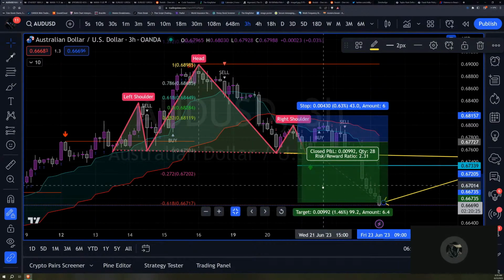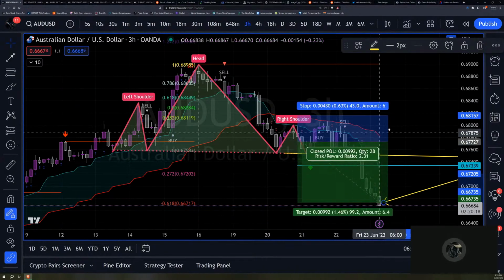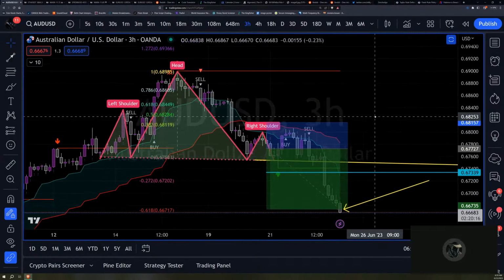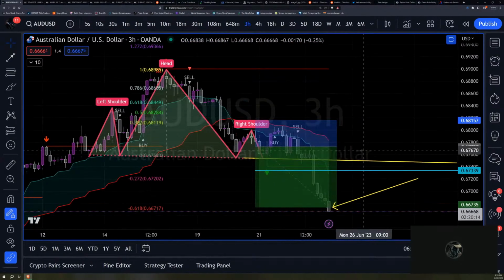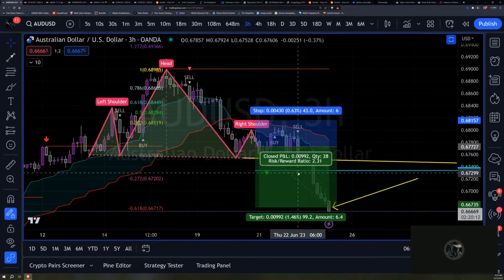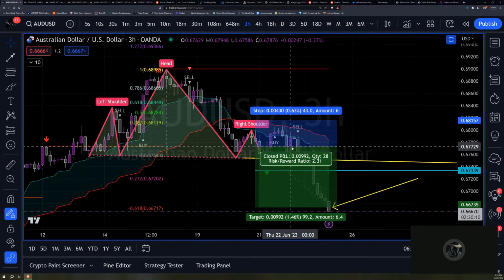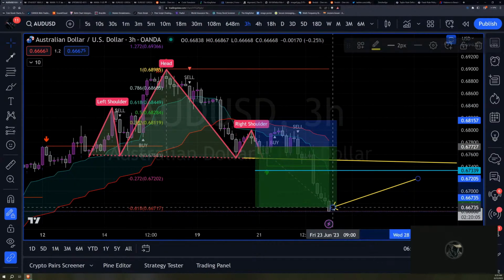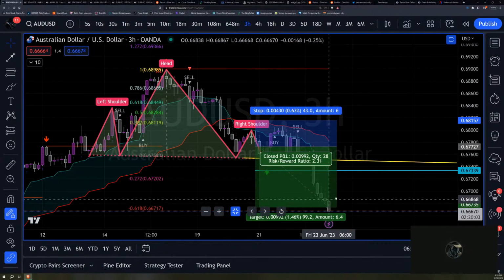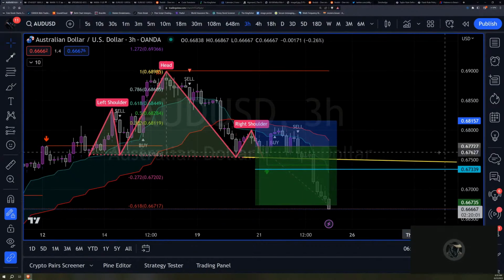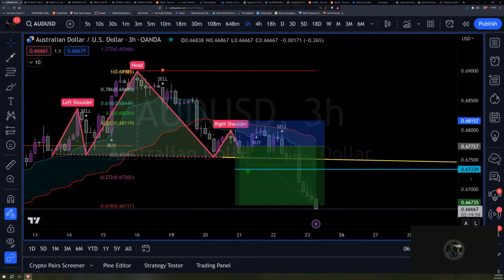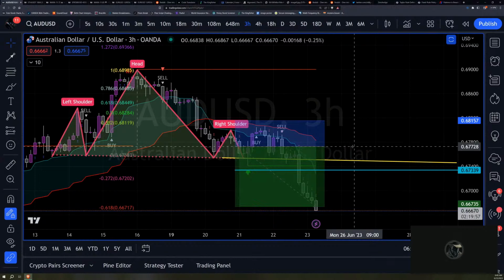For those of you in our group, you know by now what a risk to reward ratio is. Being a beginner class, I'll explain that. This green box that you see determines the risk to reward ratio and helps me map it out. In Forex and pretty much any market, most traders have something called their risk.